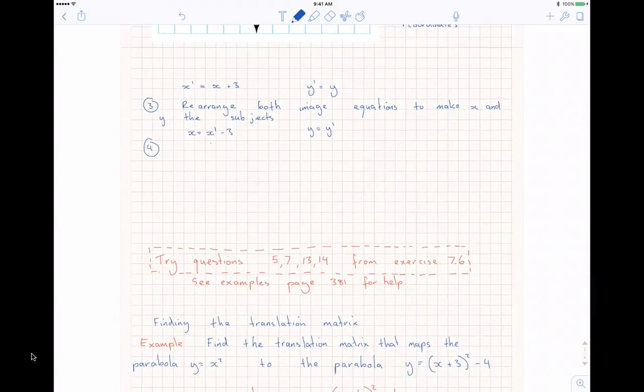So once we've got these two rearranged image equations, we just substitute.